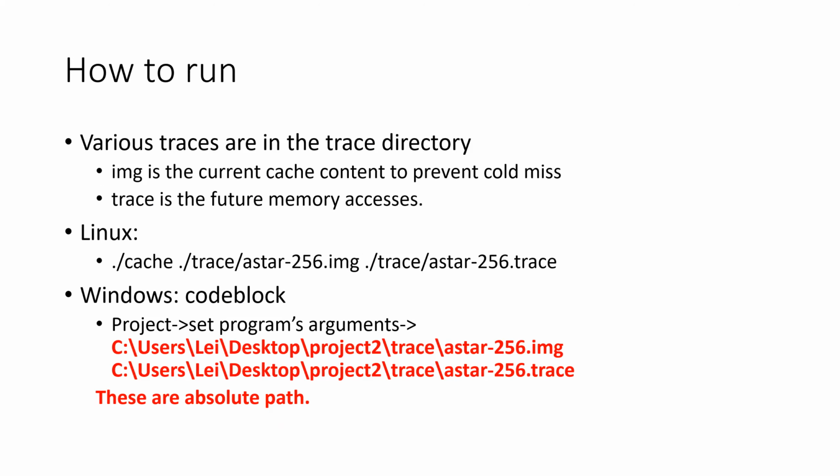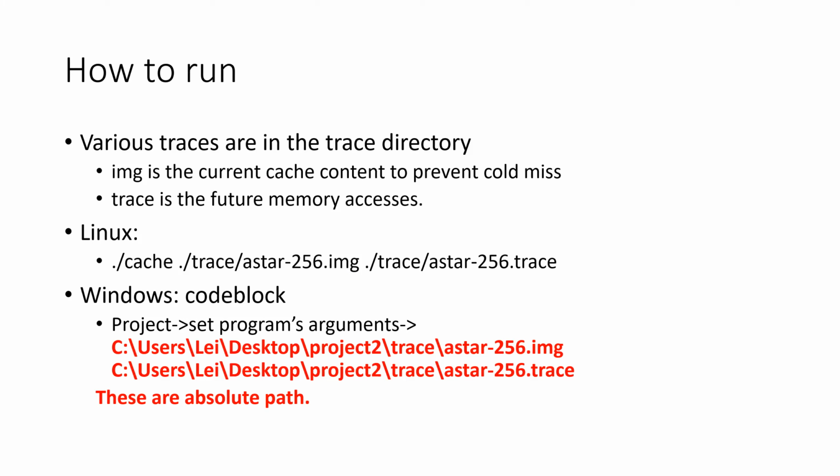So at the beginning, your cache has content data, and you need to load these in your simulator. The trace file indicates the memory accesses which will happen in your simulation.